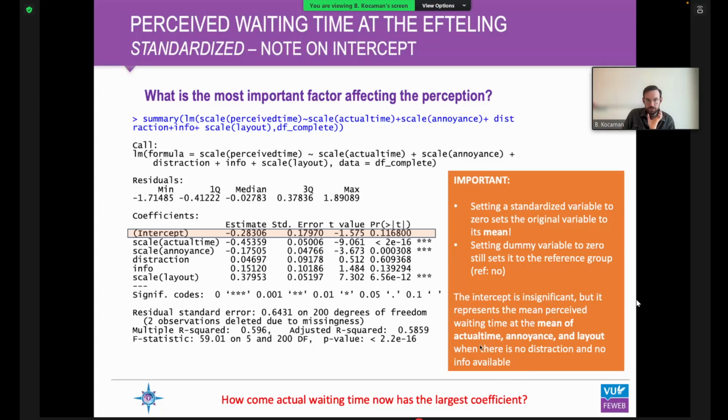Is this clear? When you have a standardized regression and dummy variables, the intercept has a different meaning in terms of that particular regression.